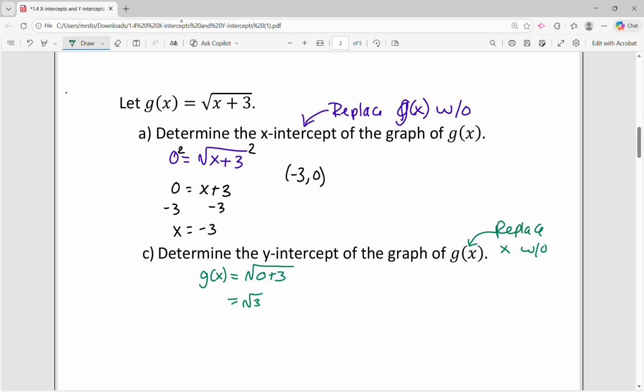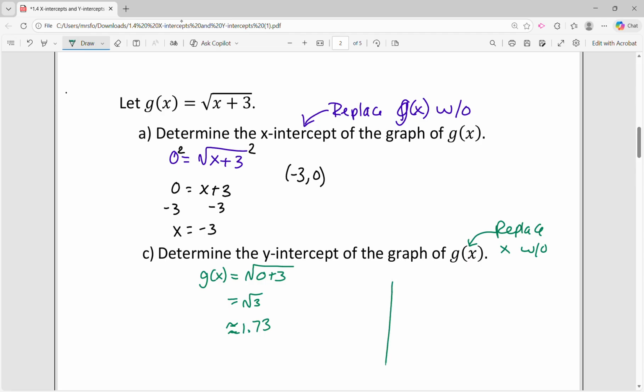And that is 1.73, approximately, because it's an irrational number, so you would round it.